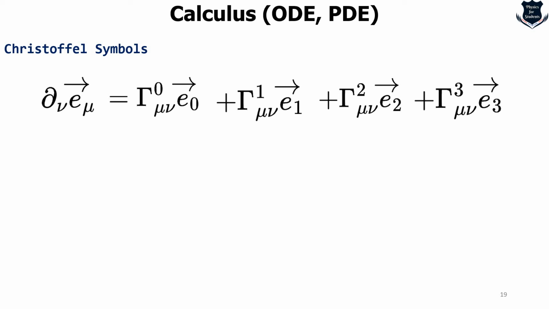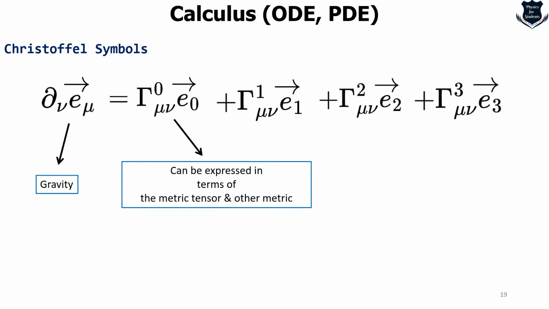Christoffel symbols appear in the context of what is called the covariant derivative, which extends the notion of differentiation to curved spaces. Covariant derivatives are fundamentally about applying differential operators in a curved context, a concept well understood through partial differential equations. So knowledge of PDEs involving various differential operators like the Laplacian, gradient and divergence all have analogues in geometric contexts where Christoffel symbols are used.